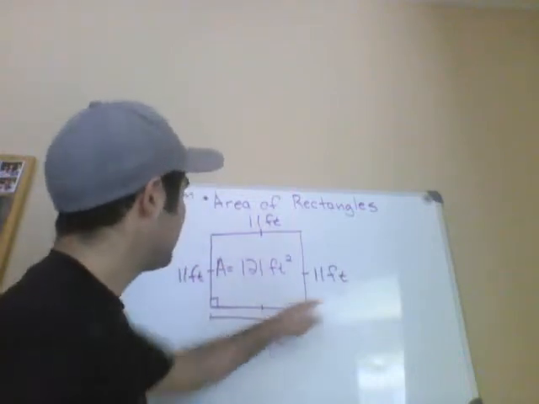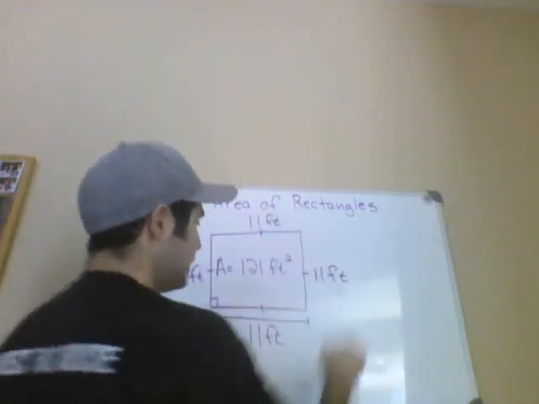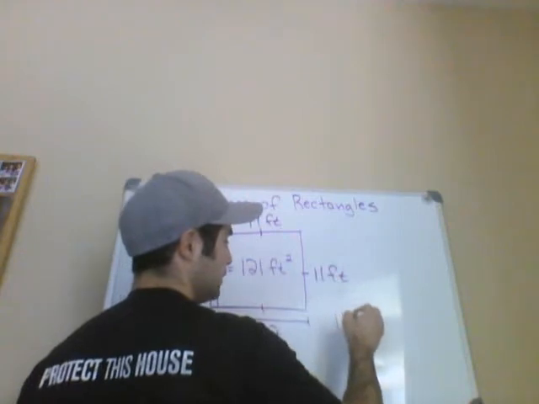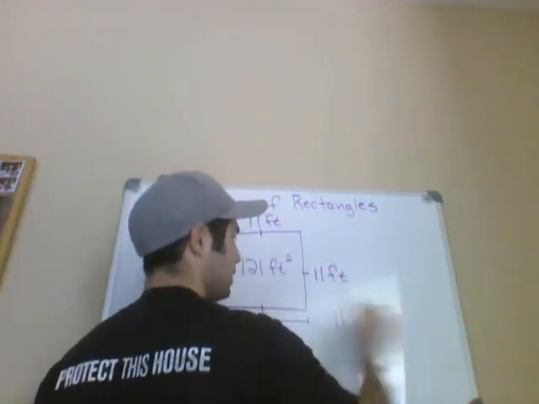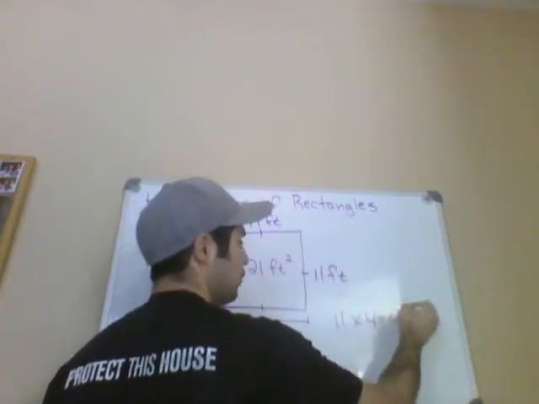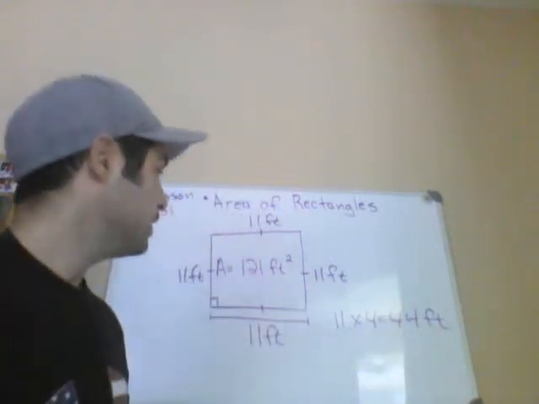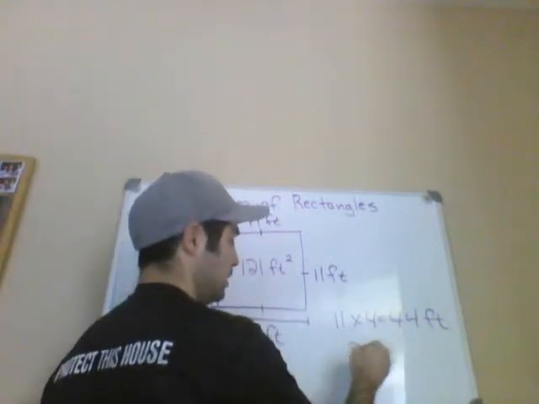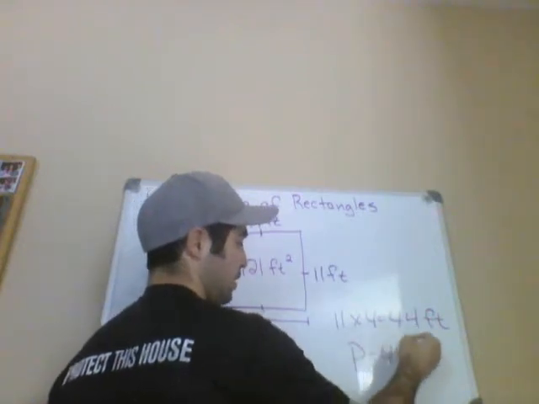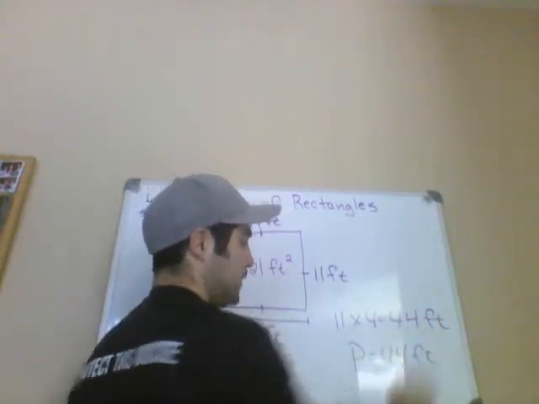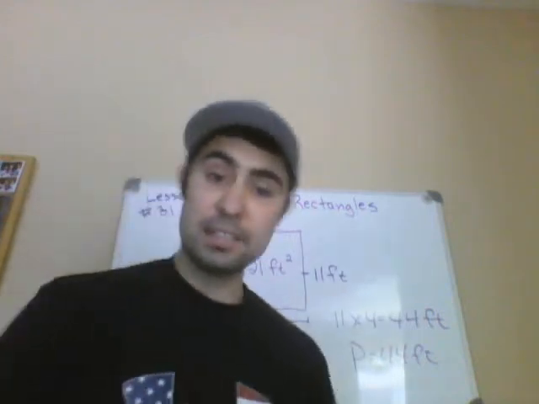Okay? So 11 plus 11 plus 11 plus 11 is 44. That's basically 11 times 4. That's going to be 44 feet. So our perimeter is going to be equal to 44 feet. Okay? So that's a hard problem.